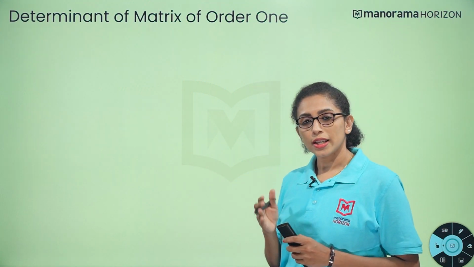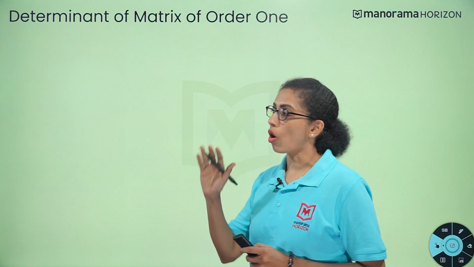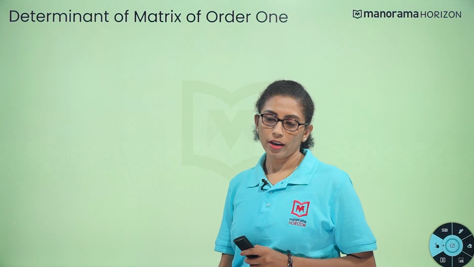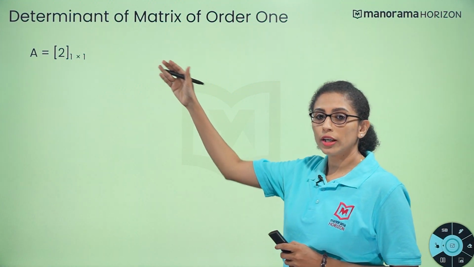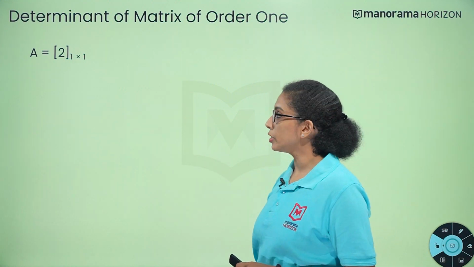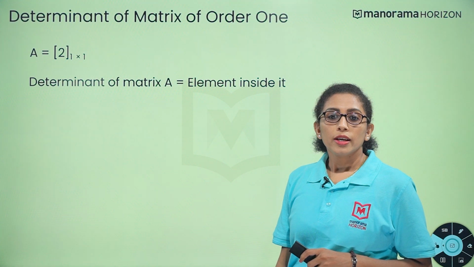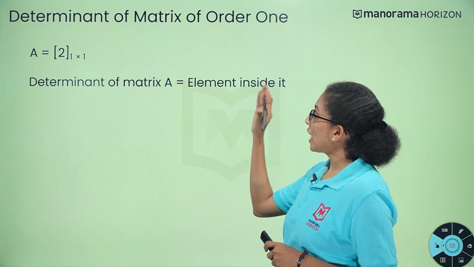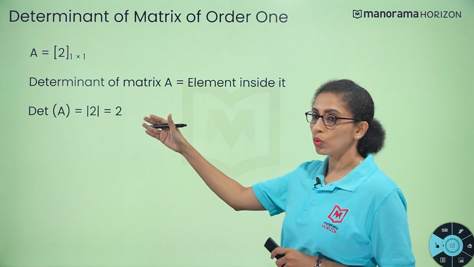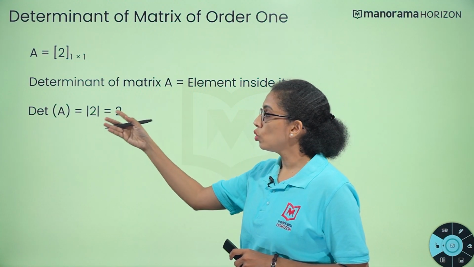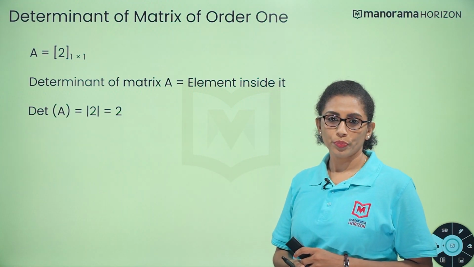Let's see. Let's start with a square matrix of order 1. Let A be equal to 2, of order 1 by 1. Then the determinant of matrix A is equal to the element present inside it. So, the determinant of A is equal to determinant of 2, which is equal to 2.